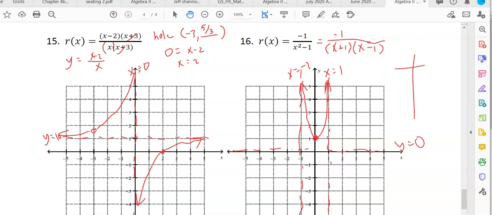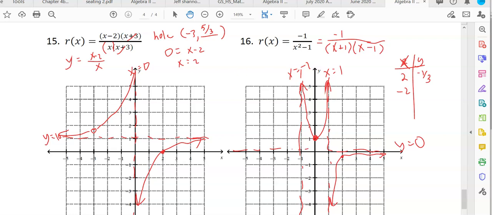Plug in 2, maybe negative 2. Sorry, x and y. 2 and negative 2. So if I plug in 2, I get negative 1 over 3 times 1. So that's negative. So it looks like this.